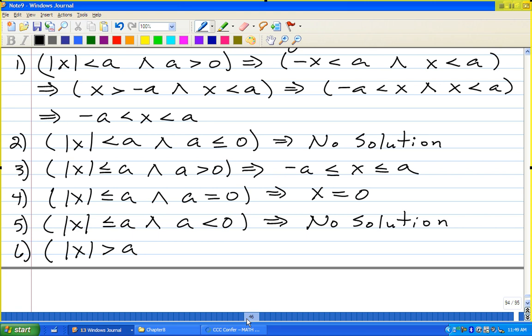And so let's suppose that a were greater than 0. Okay, so it's going to be very similar to what we had from before.